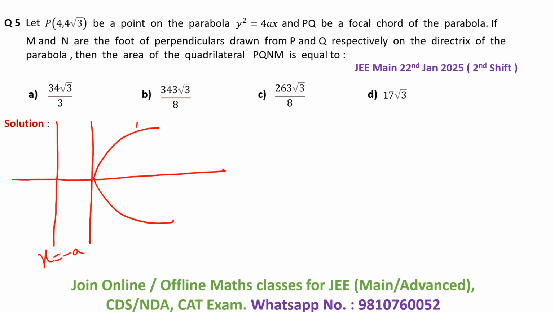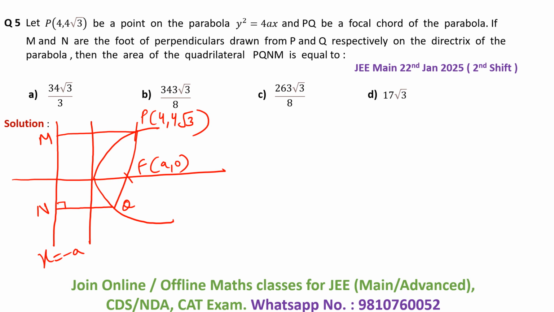Now there is a point P(4, 4√3) lying on this parabola, and from this point we are dropping a perpendicular PM onto the directrix. And this is the focal chord PQ. That means this chord is going to pass through the focus of the parabola, which is (a, 0). Fine. And from this point Q, we are dropping another perpendicular onto the directrix of the parabola.